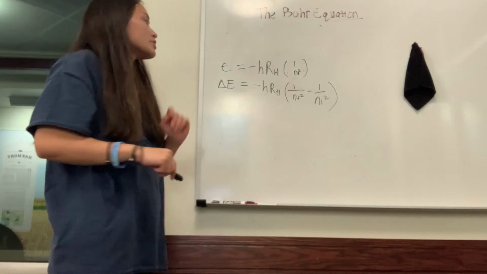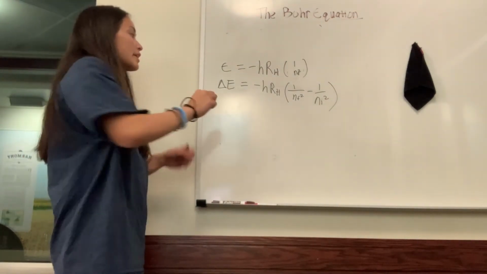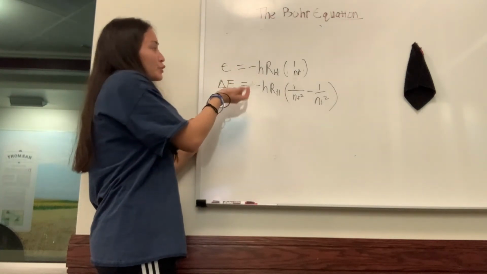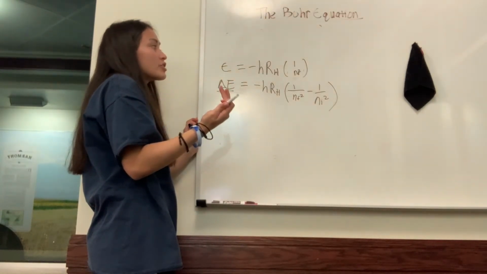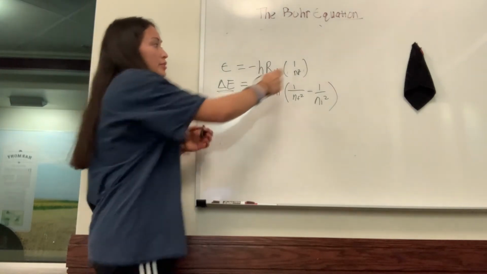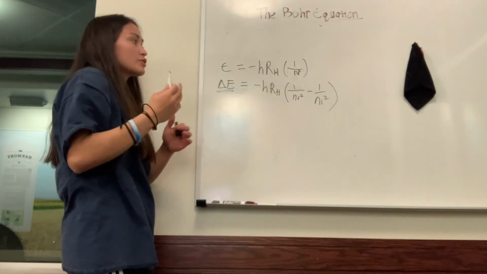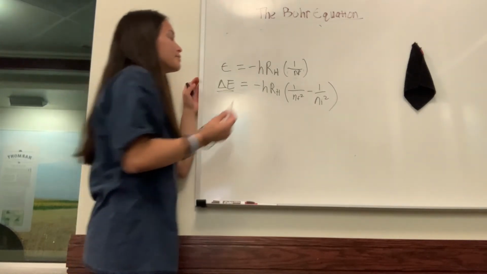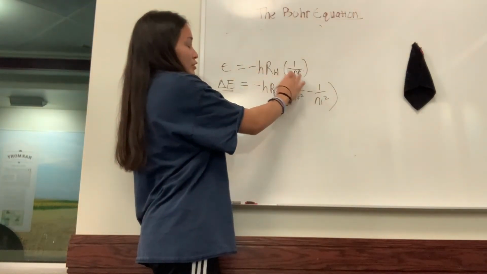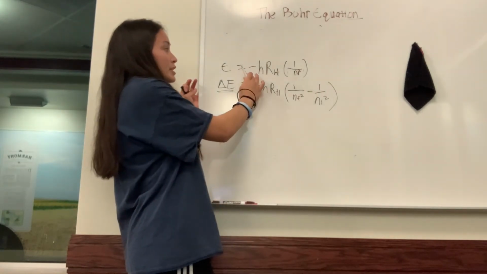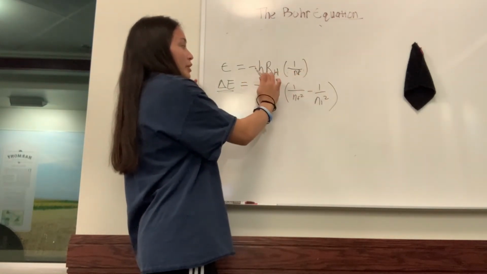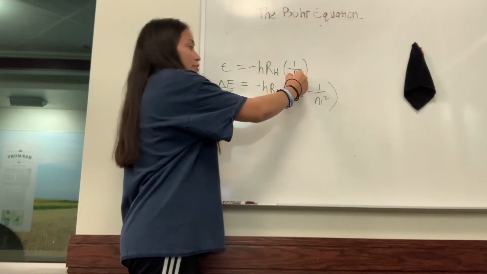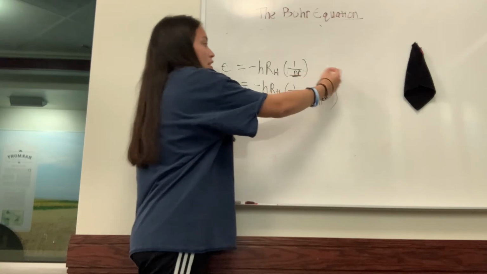The Bohr equation can also be used to find the change in energy. So here in the original equation we have E equals negative h R_H parentheses 1 over n squared. However, we can take the same equation, and if we want to find the difference, we could take the first part of the equation and subtract it by itself again to find when the energy level was at its final to at its initial.